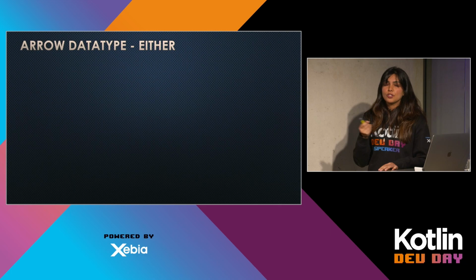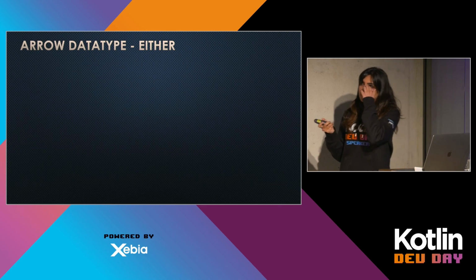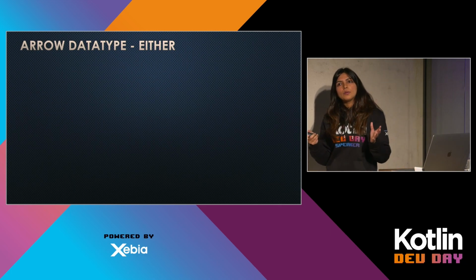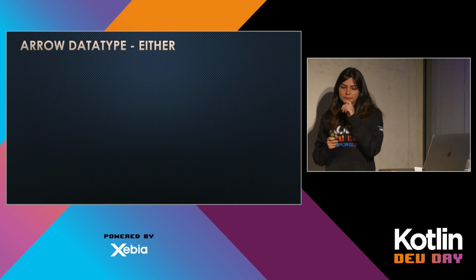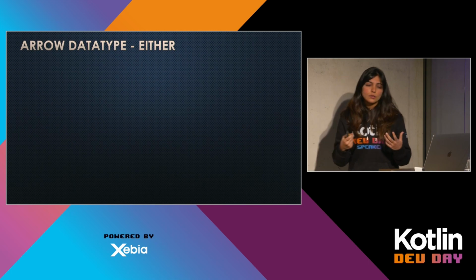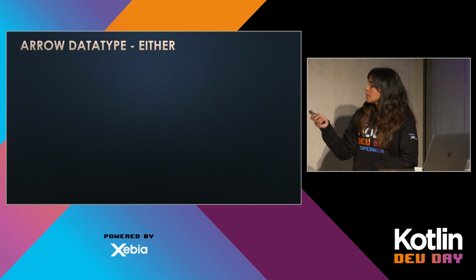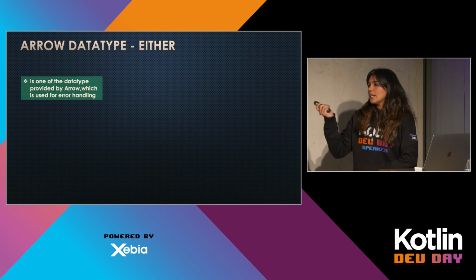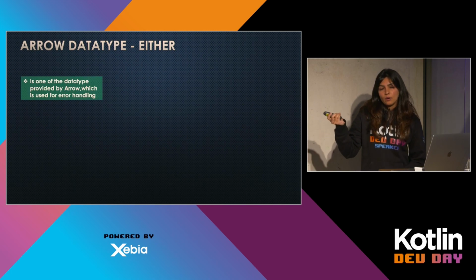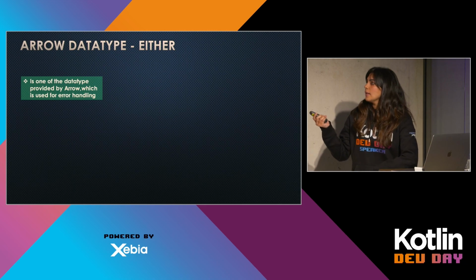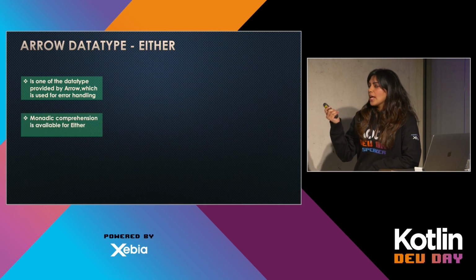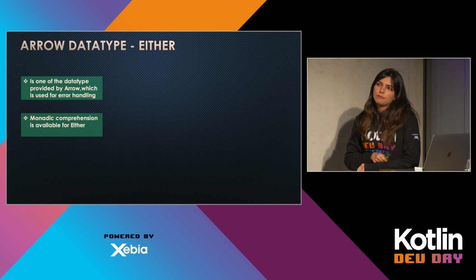And now we are going to jump into the data type Either. The reason why on the previous slides we talked so much about monads, you will figure out on this slide. Either is a data type which is provided by Arrow for error handling, and monadic comprehension is available for Either.